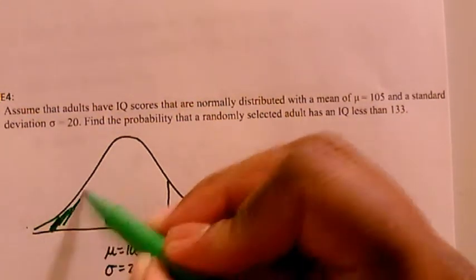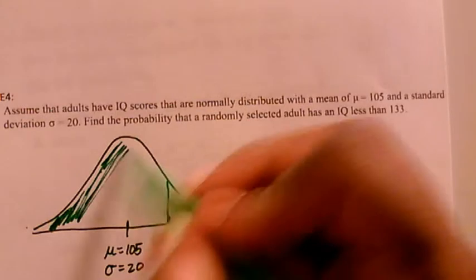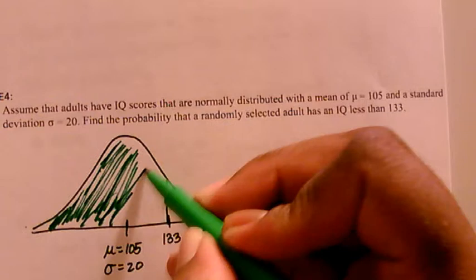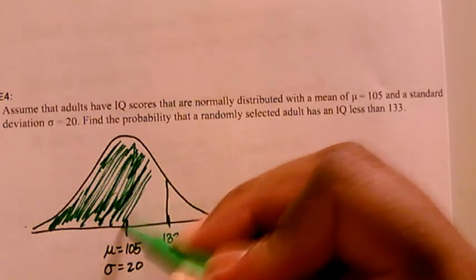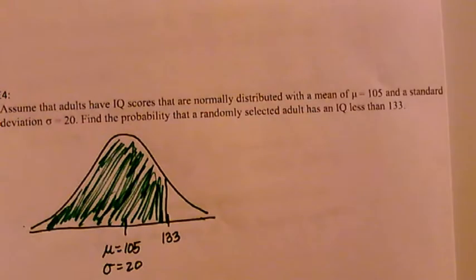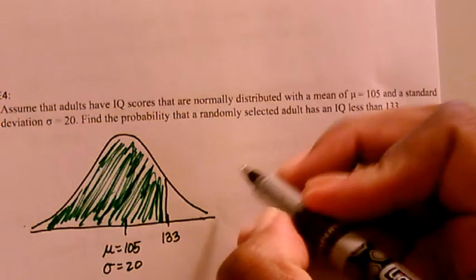So in this case, that's this shaded area in green. Okay, so that's the shaded area that we're looking for. And when we use the standard normal distribution table, whatever we get in that table is that shaded area to the left. Okay, but we first have to convert this to a z-score.